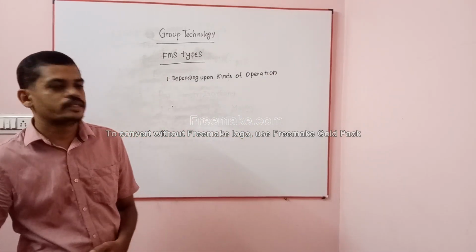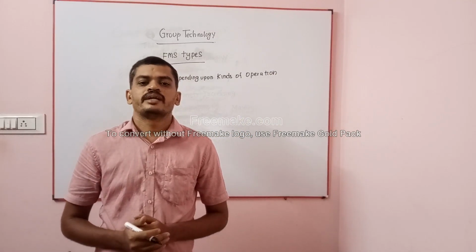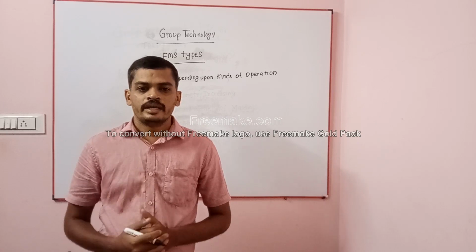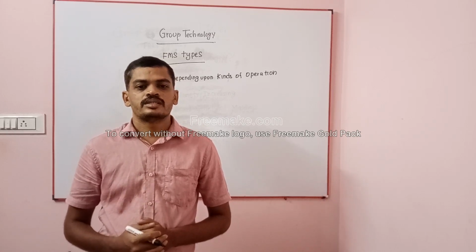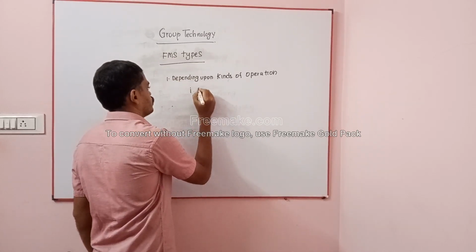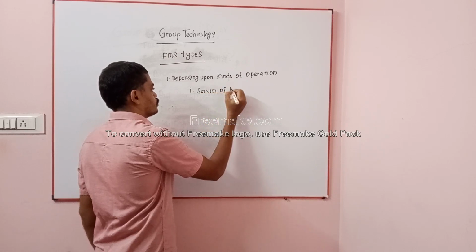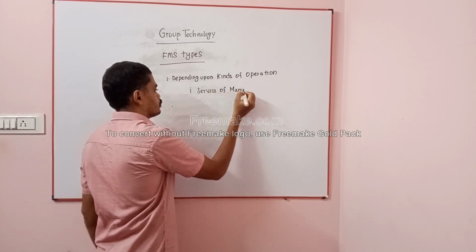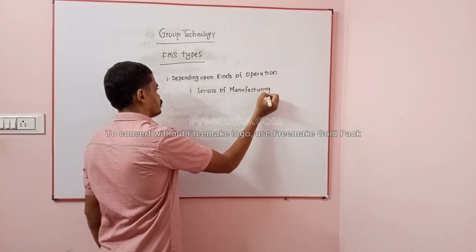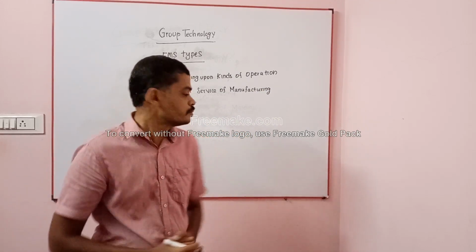Depending upon kinds of operation, the flexible manufacturing system can be distinguished by the types of operation they perform. First one is processing operation. The second one is assembly operation.